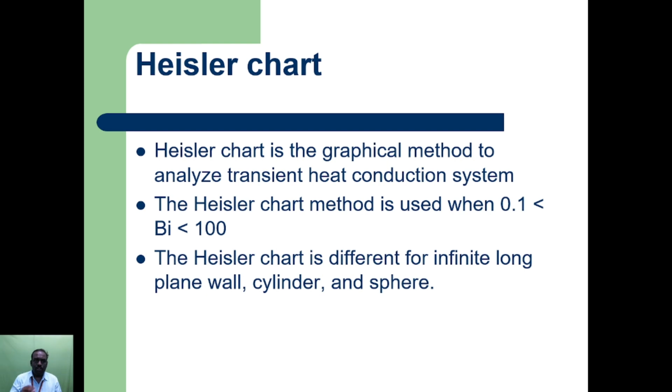Heisler charts are a graphical method to analyze transient heat conduction systems. This method can be used for Biot numbers from 0.1 to 100. Heisler charts are different for infinitely long plane walls, cylinders and spheres.